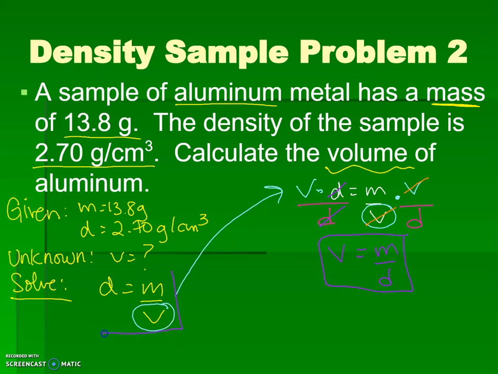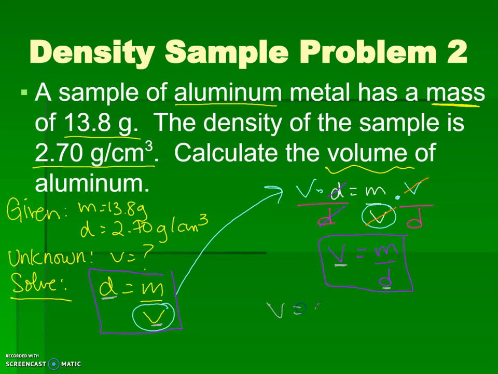Okay, if you take a look at these two equations, what's different? The big difference is density and volume have traded places. So if you're ever looking to solve for a denominator, so it's something equals some sort of fraction, just switch the thing that's by itself and the denominator.